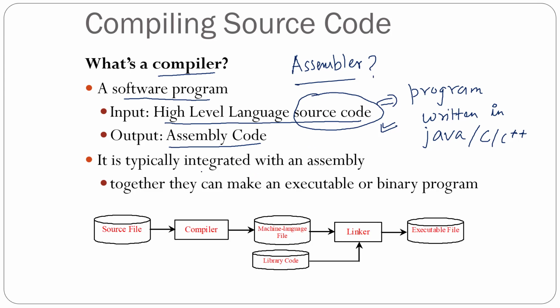Alright, okay. So what is usually done is, let's have a look at this picture because this will explain better. You have a source file here, which means a program written in Java. You will use a compiler. The compiler will convert the source code into a machine language code.